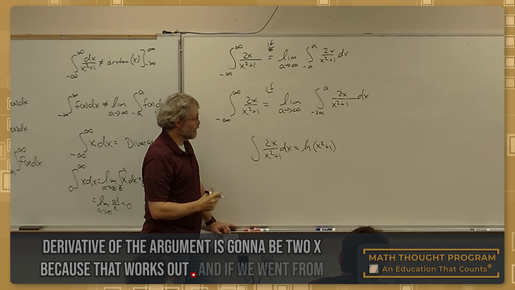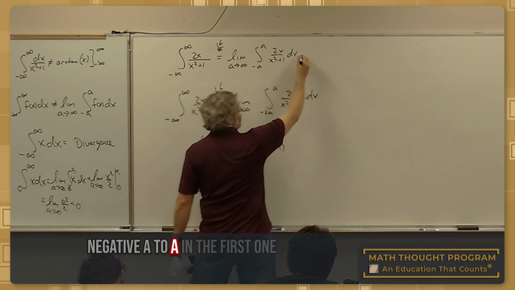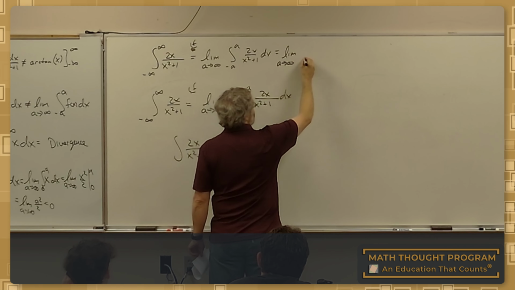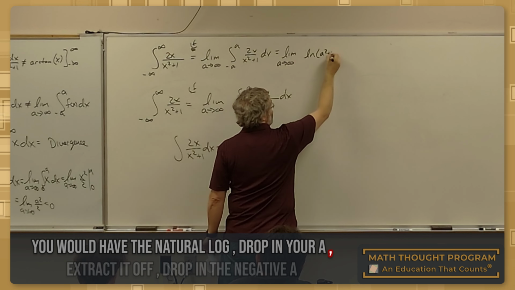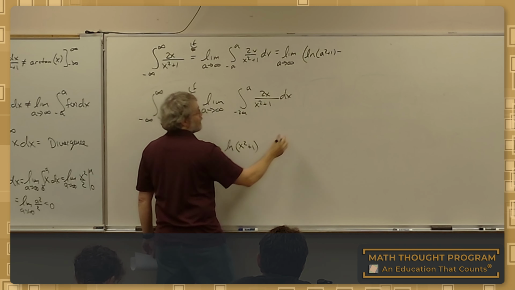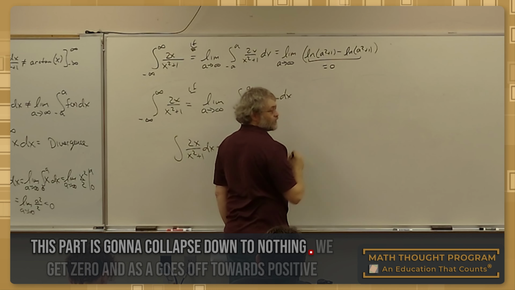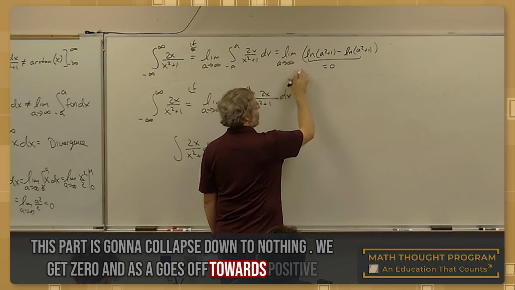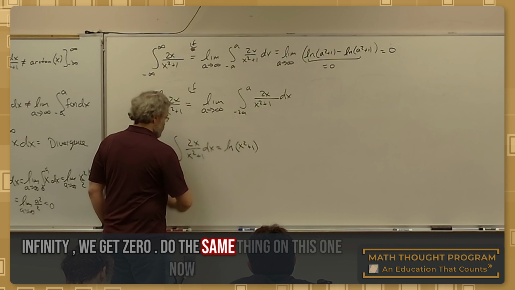So that works out. If we went from negative a to a in the first one, you would have the natural log, drop in your a, subtract off, drop in the negative a. This part is going to collapse down to nothing. We get 0, and as a goes off towards positive infinity, we get 0. Do the same thing on this one now.